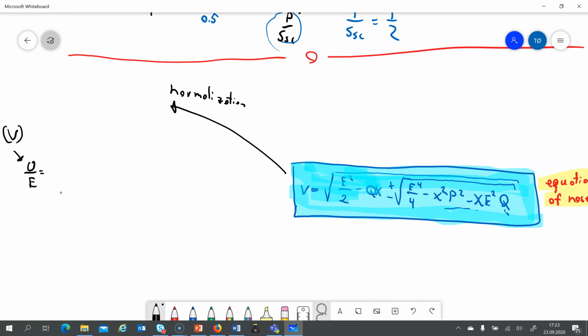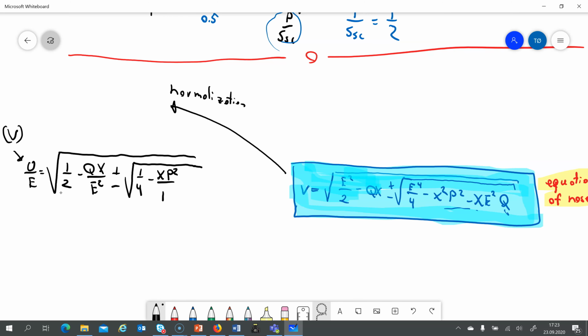But I will try to remember to use V now. V_E equals the square root of half minus Q X_E, squared, plus, minus 1/4, minus X cubed, squared.